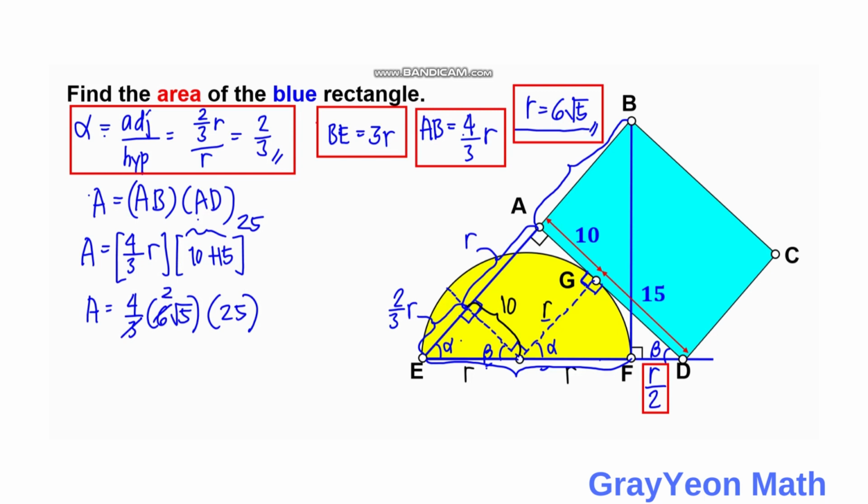Then 4 times 25 is 100 times 2, so 200 square root of 5 square units. And that is our answer.